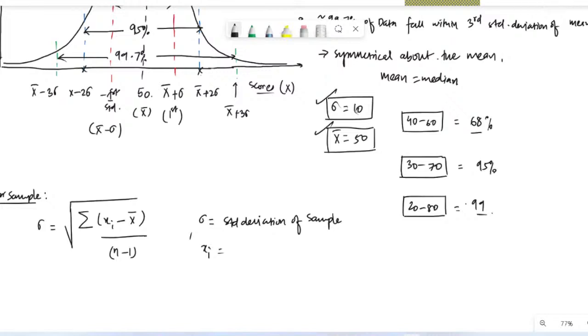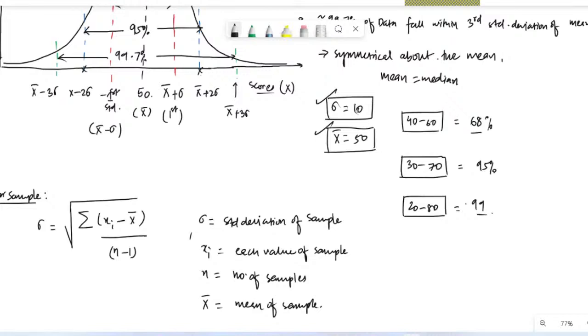Xi is your value, each value of sample. Then n is your number of samples, total number of samples. And x bar is your mean of the sample.